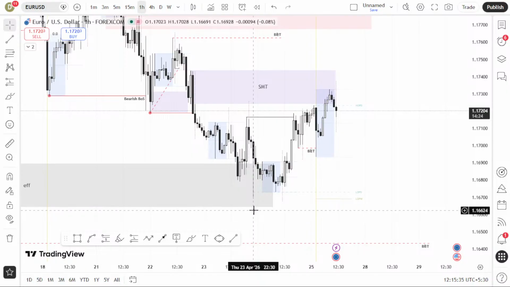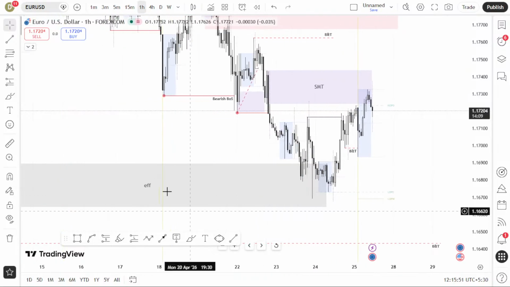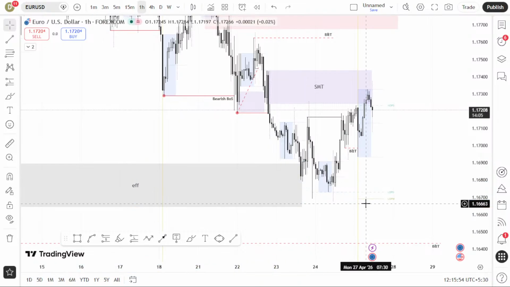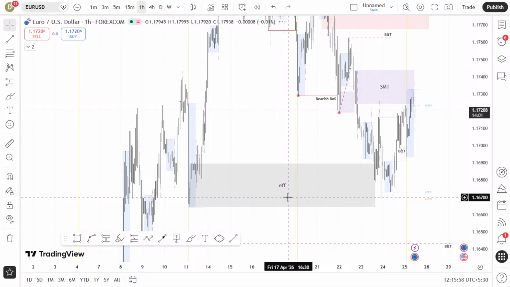And yeah, Thursday, not Friday, when we were somewhere around here in Thursday's New York session, I was talking about how the price had reached this demand zone right here. I think it would grab some more liquidity and move to the downside, consuming more of this zone.